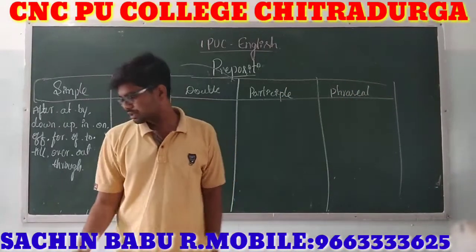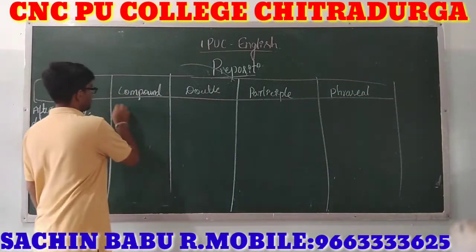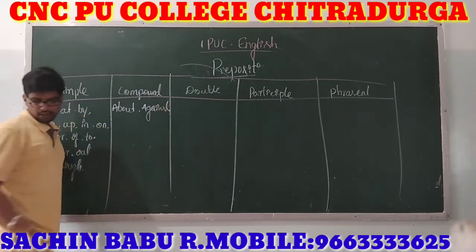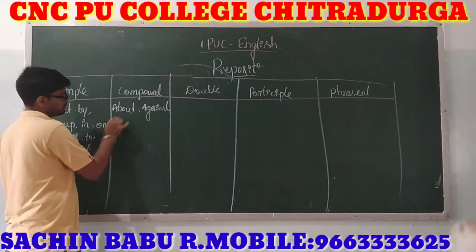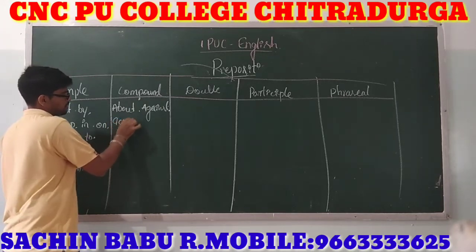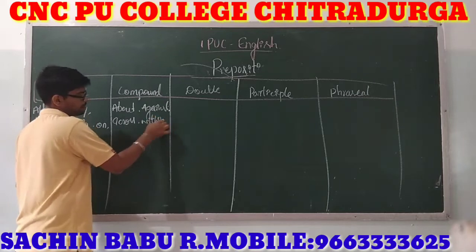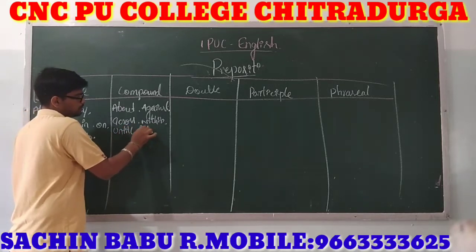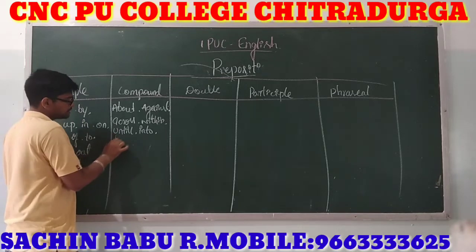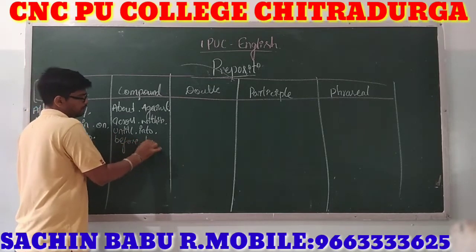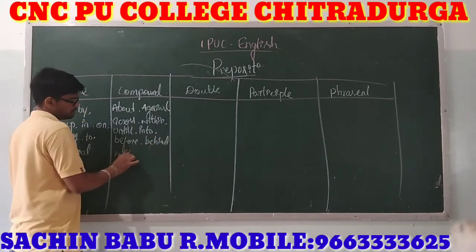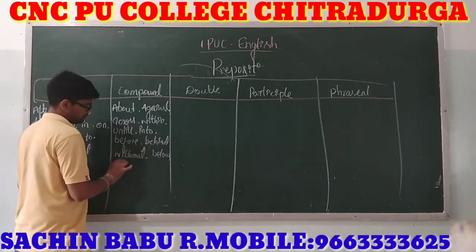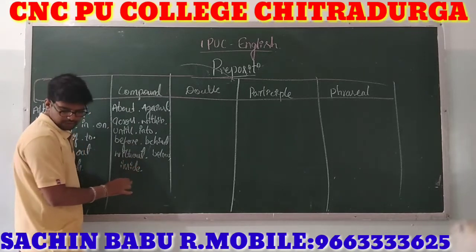So now we can say the compound prepositions, that is about, against, across, within, until, into, before, without, behind, below, inside, and outside.